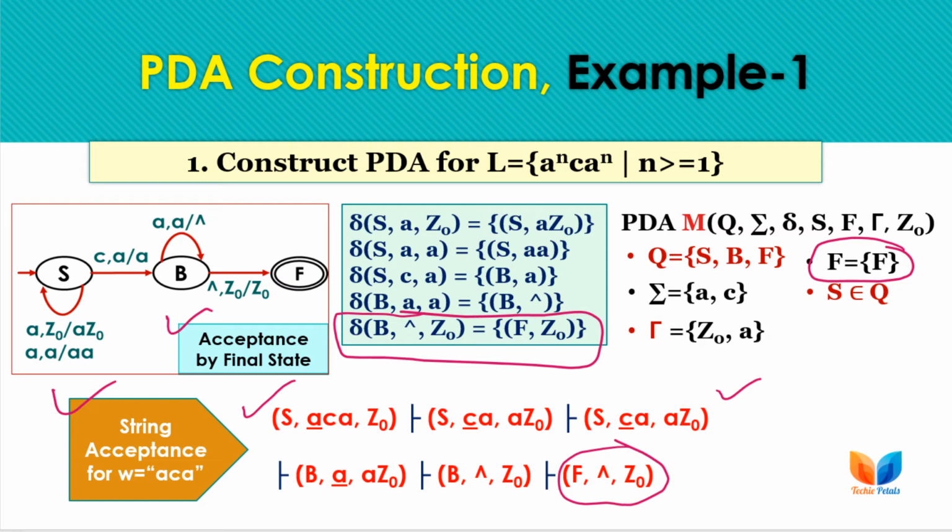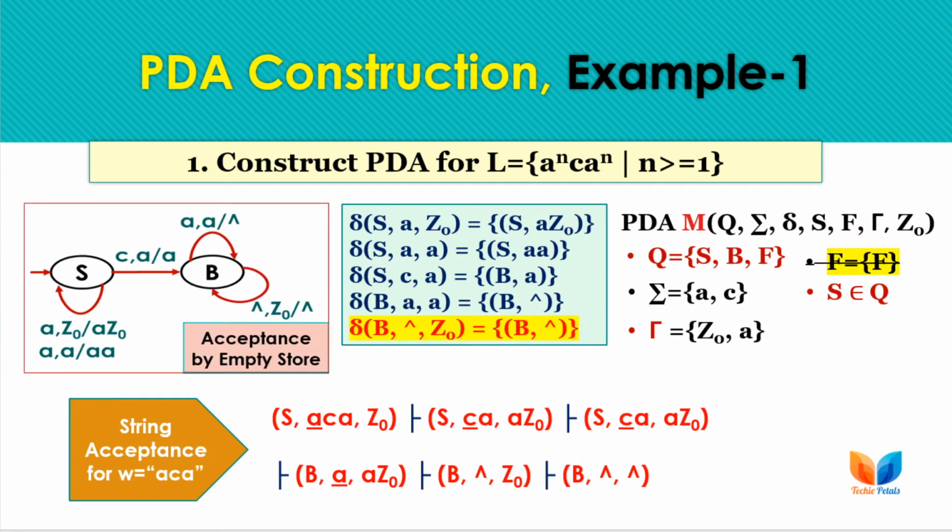So if we are considering acceptance by empty store, then the final transition will change like this, meaning we are moving to the same state, replacing the stack top by null, meaning the stack top is popped and Z naught is replaced by null here.